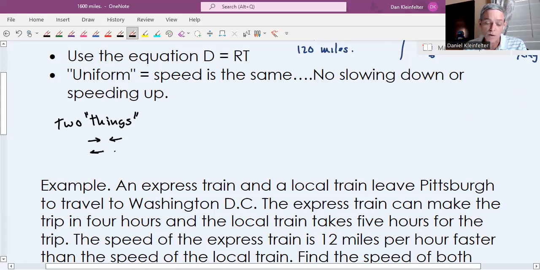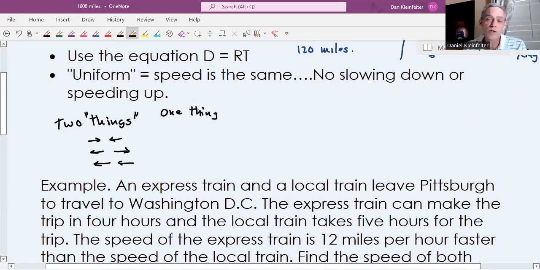They could be moving away from each other. They could be moving in the same direction at two different speeds. Or it is one person, plane, boat, train, or whatever, doing two different things.